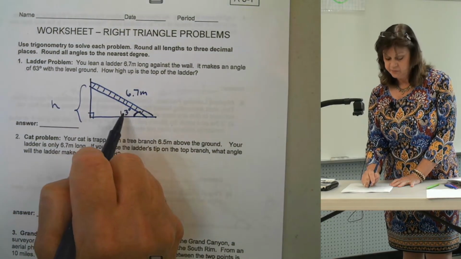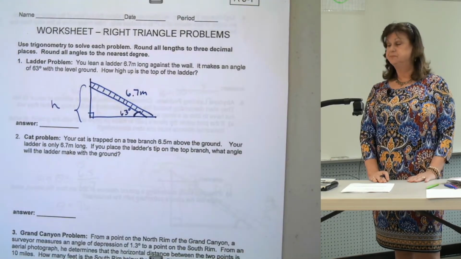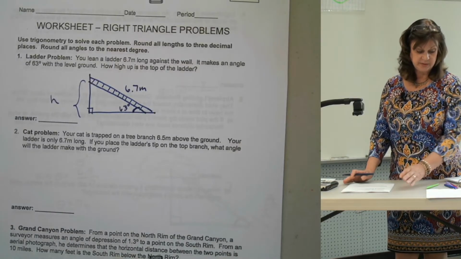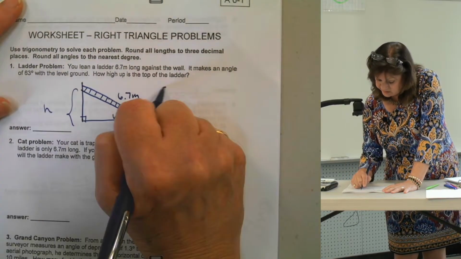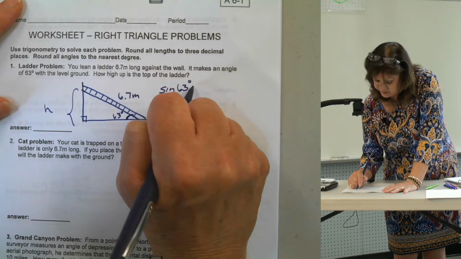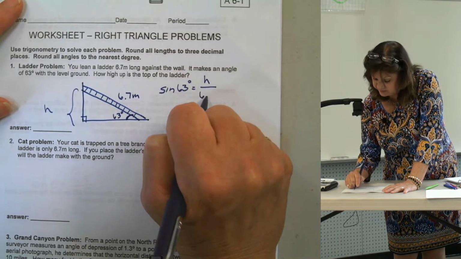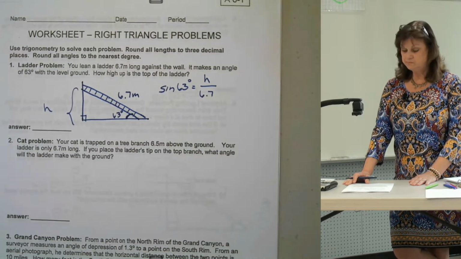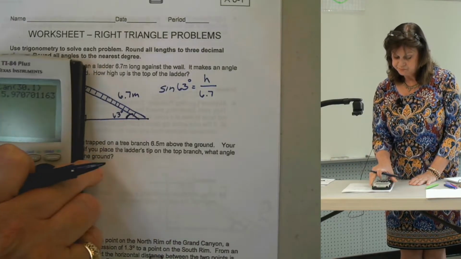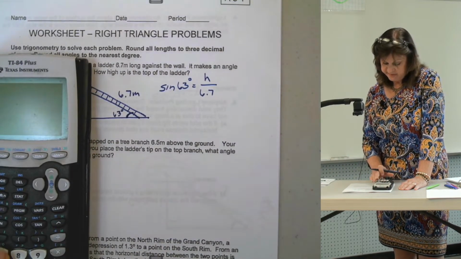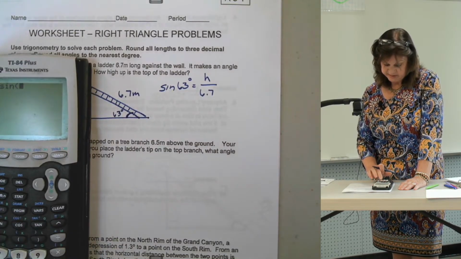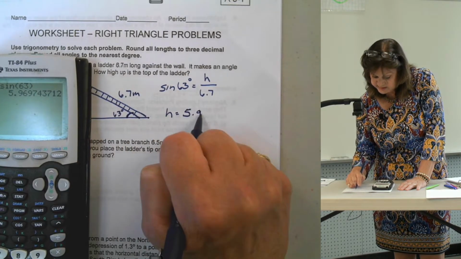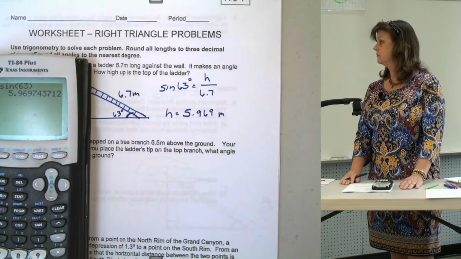So I've got an angle. I have opposite and hypotenuse. What trig function brings in opposite and hypotenuse? The sine of 63 degrees is the height up the wall divided by the length of the ladder. So 6.7 times the sine of 63, the ladder is 5.969 meters from the ground.